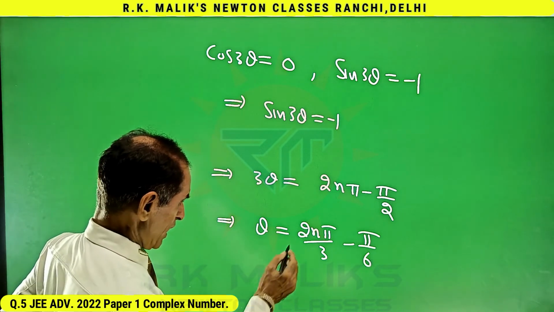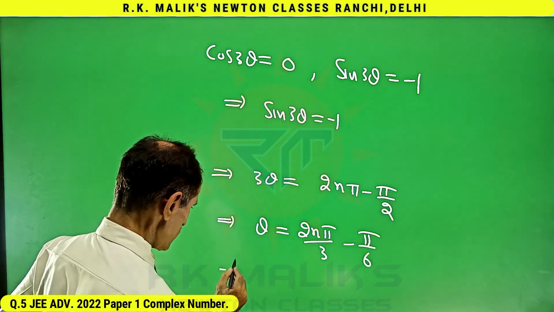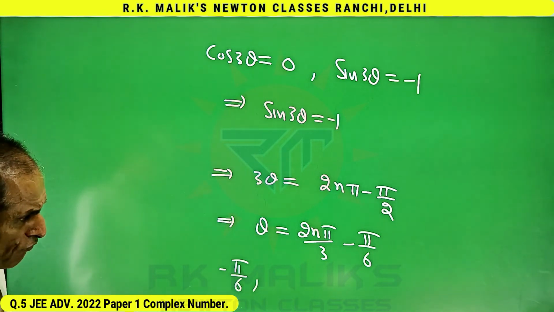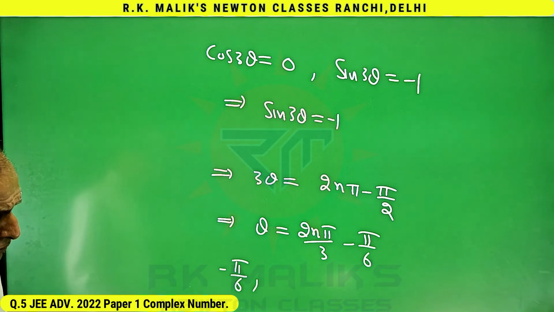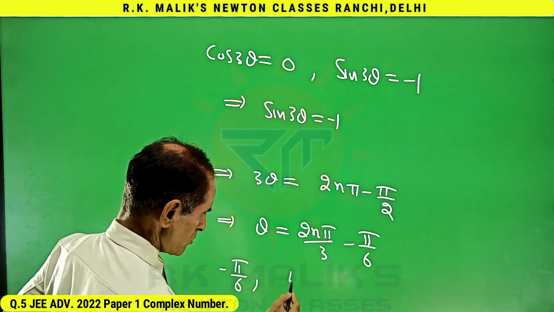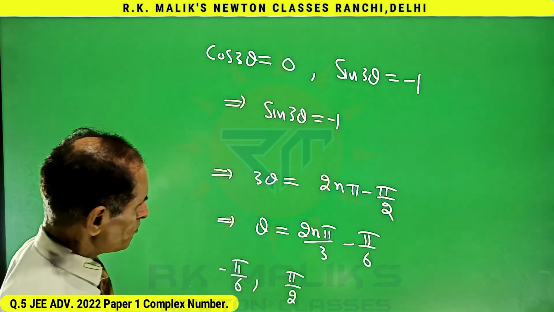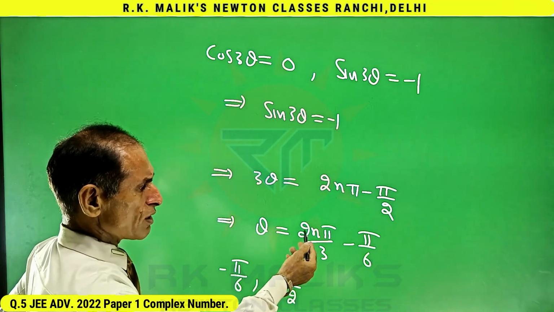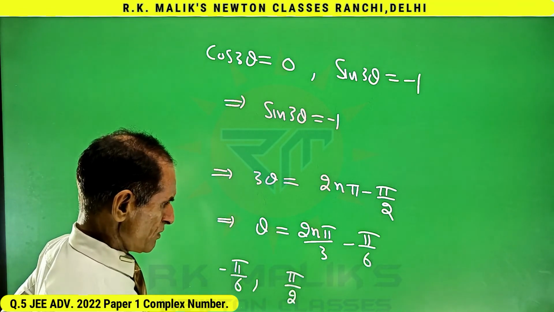One case, if I take n equal to 0, I get the answer minus pi by 6. If I take n equal to 1, then I get the answer pi by 2. N equal to 2 will give the answer beyond pi.